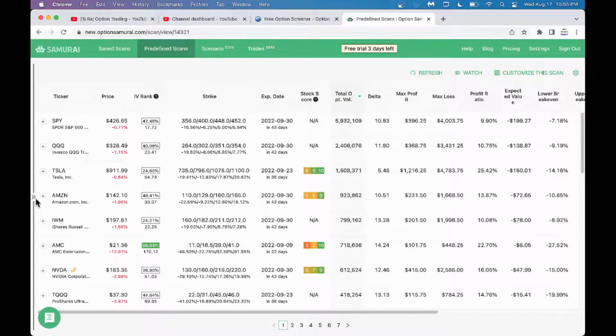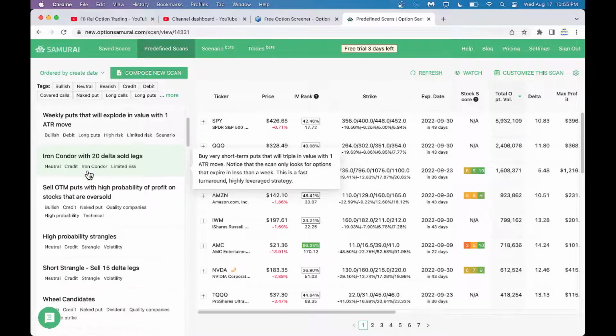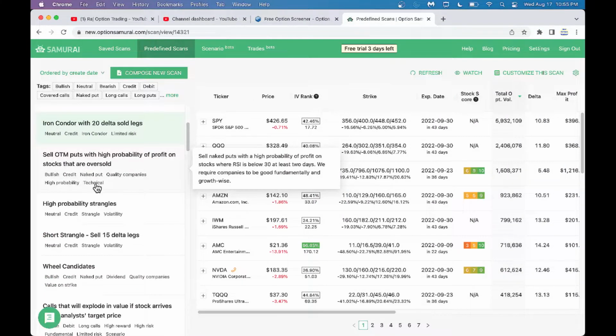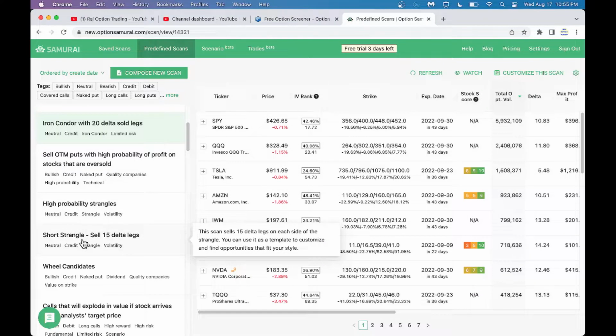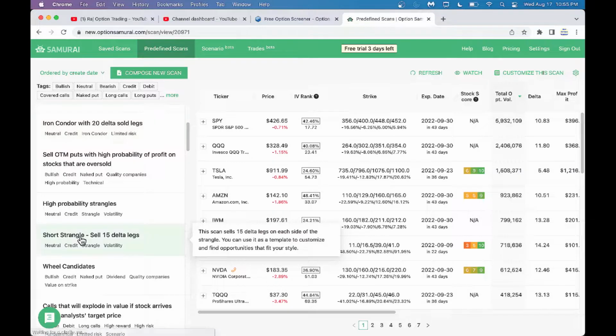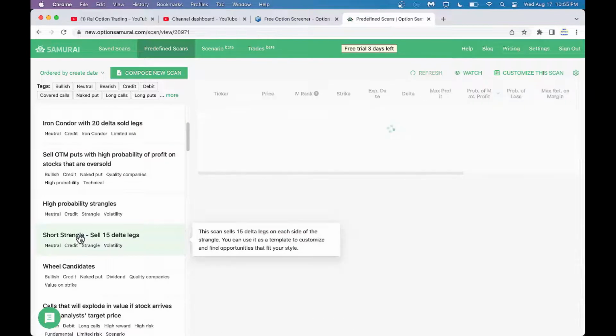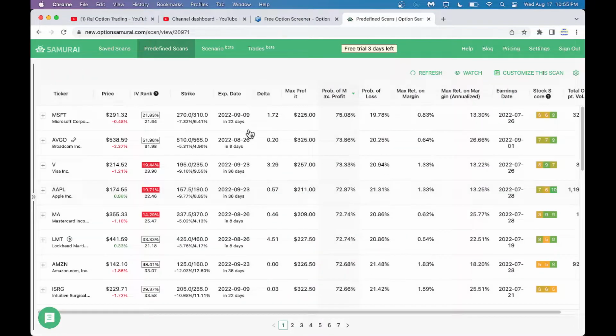So that's why you should always look for nice and high option volume. And we've got many other strategies, as you can see here. You have a lot of strategies. Some folks want to buy and sell strangles. You could do that. You could do a short strangle with 15 deltas. This is also one of my favorite strategies. As you look through here, it's the same type of screen. It will scan and give you the best ideas, and you could also sort this by open interest, and look at the ones with nice and high open interest.